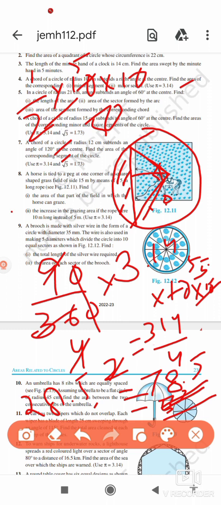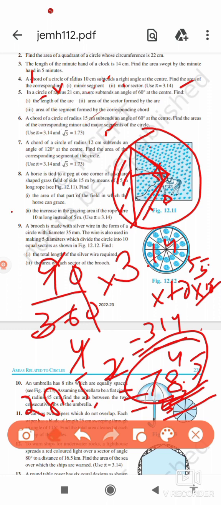And what is the area of my major sector? My minor sector, I have got the area 78.5. I will find the area of the whole circle. My whole circle is pi r square. So it is nothing but, I'll just erase this up and I will write it is 3.14 into 10 into 10.